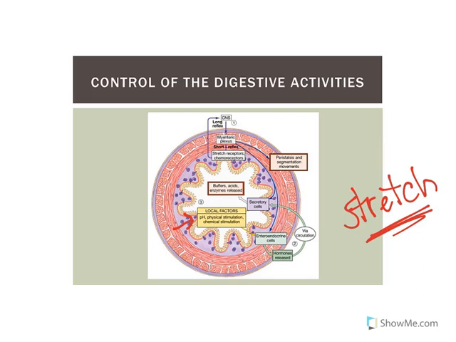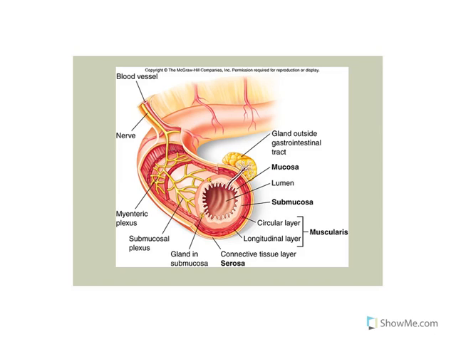So the first one I want to look at, which you can kind of see one of it indicated right here, but I'm going to use a different picture, is the enteric nervous system.